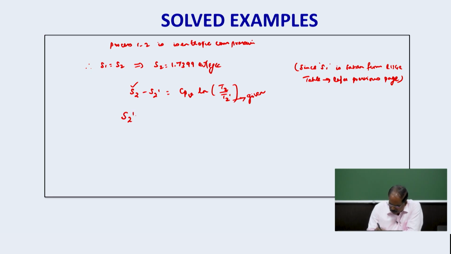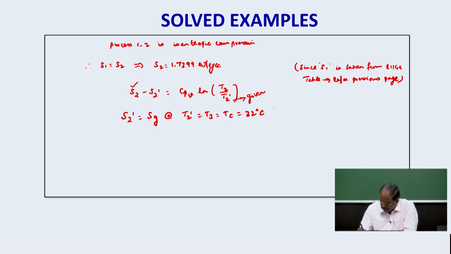S2 dash is equal to the vapor entropy at the temperature T2 dash, which is equal to T3, which is the condenser temperature 32 degrees centigrade, from the R134A table. So corresponding to 32 degrees centigrade, whatever the vapor entropy is there, that is the value of S2 dash.